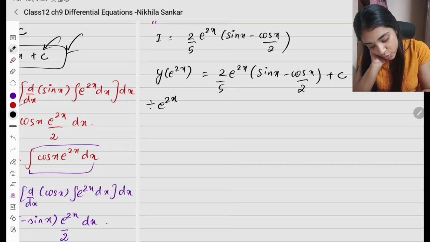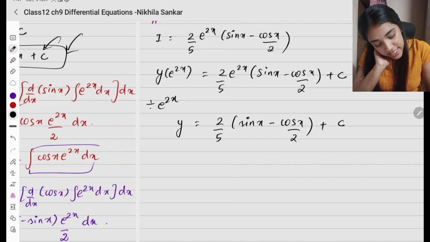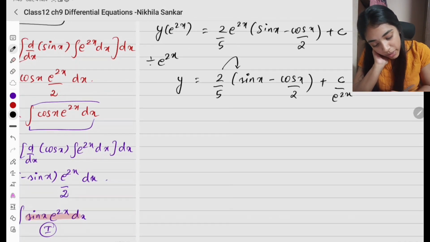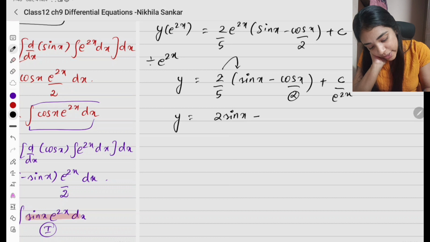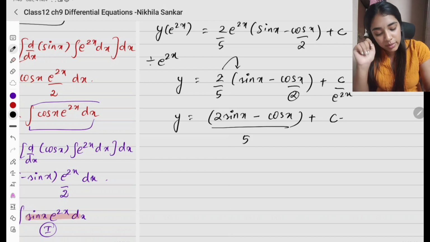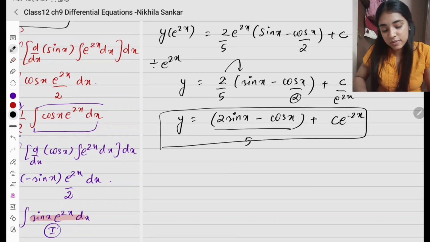So dividing by e to the 2x, I have y equals 2 by 5 times sin x minus cos x divided by 2 plus c divided by e to the 2x. Now here I multiply only the 2 inside. So I have y equals 2 sin x minus cos x, this 2 and this 2 cancel, right? The whole divided by 5 plus c into e to the 2x; if it goes to the numerator, it will be c e to the power minus 2x. So this is my final answer. Please copy.